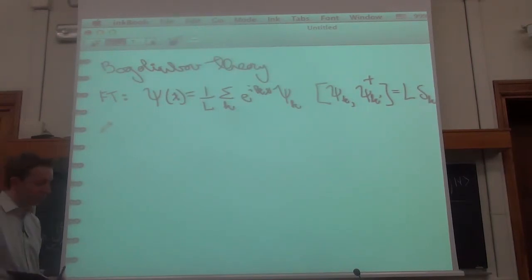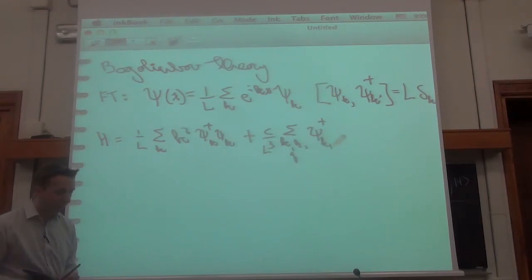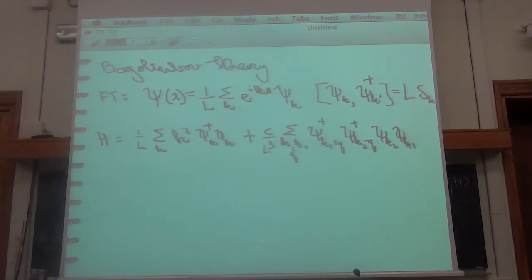The Hamiltonian you can just rewrite in terms of these modes as 1 over L summation over k of k squared with the occupation ψ†_k ψ_k, plus the interaction term, c over L cubed, and then a summation over k1, k2, and q, a flat summation, ψ†_{k1+q} ψ†_{k2−q} ψ_{k2} ψ_{k1}.